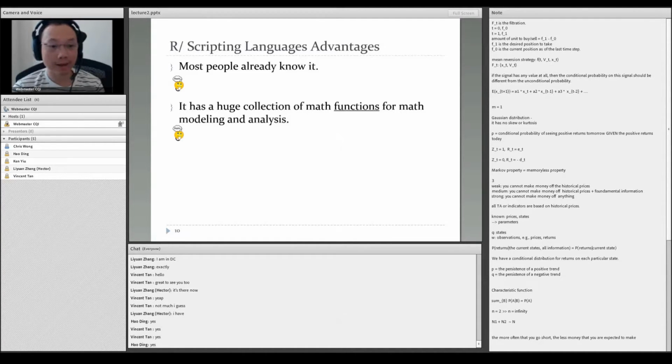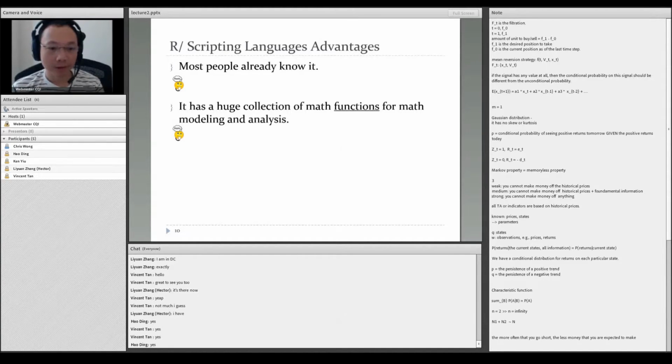For example, in mean reversion strategies, you hopefully have modules like basket construction and asset allocation to build your strategies, and R has exactly that. R has a huge collection of math libraries that you can put together to construct new trading strategies. So that's the reason that makes it popular.